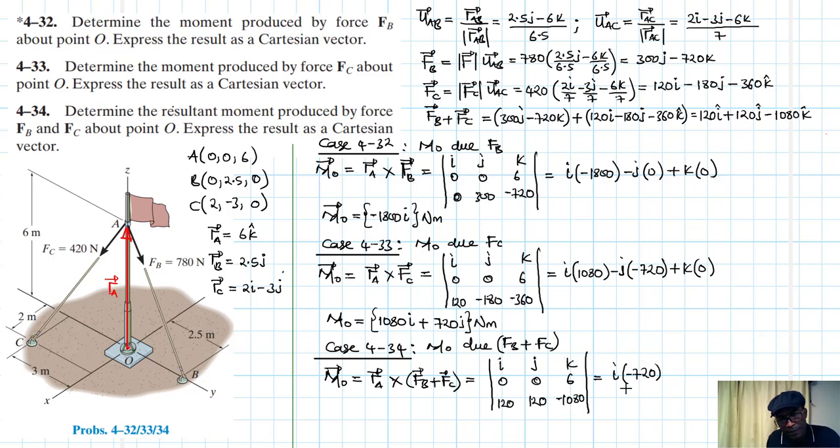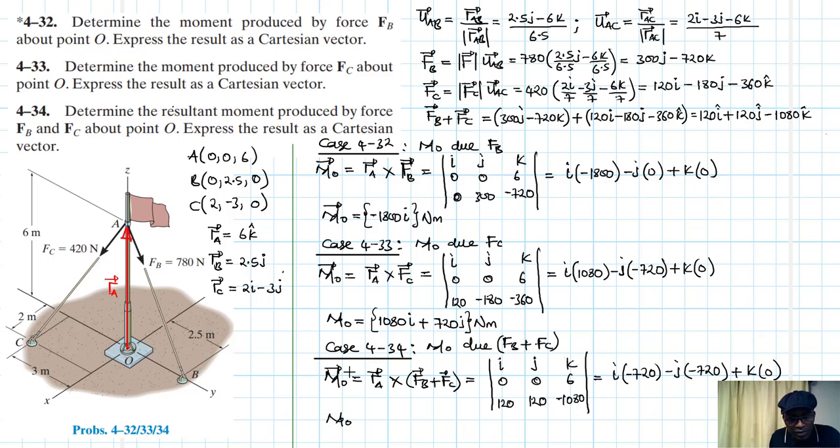And minus J, we have another minus 720, then plus K. Okay, we have a 0.